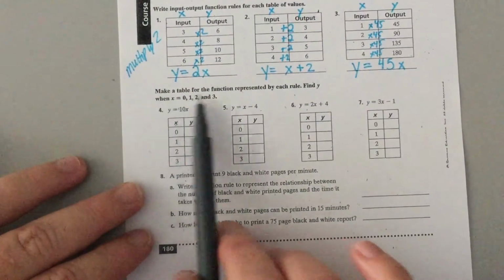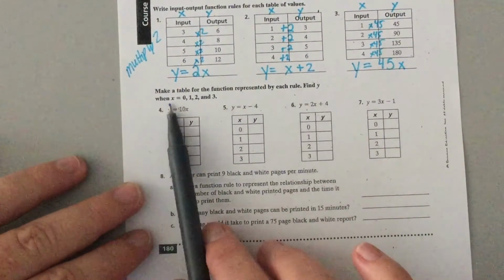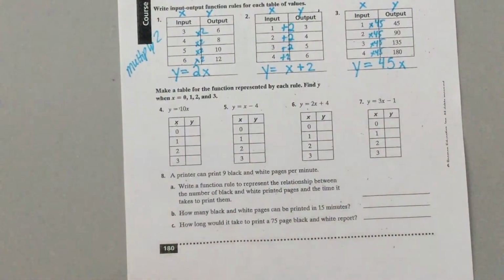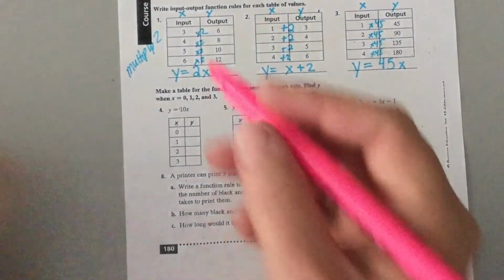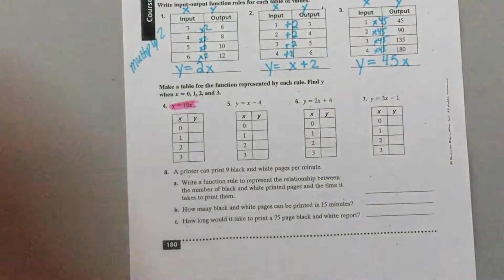It says, make a table for the function represented by each rule. Find y when x is 0, 1, 2, and 3. So here, this is the ones that I like. All I need to do is look at my equation that they give me, and plug in each of these.